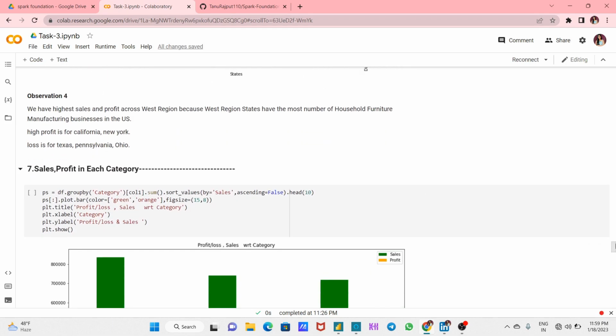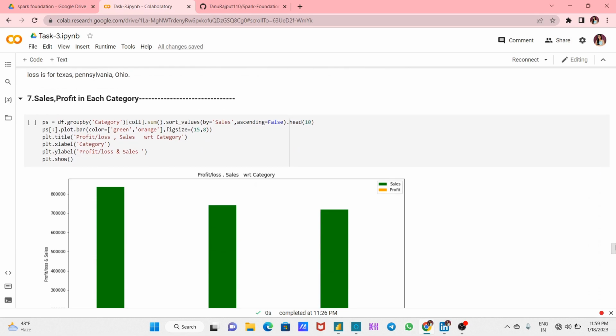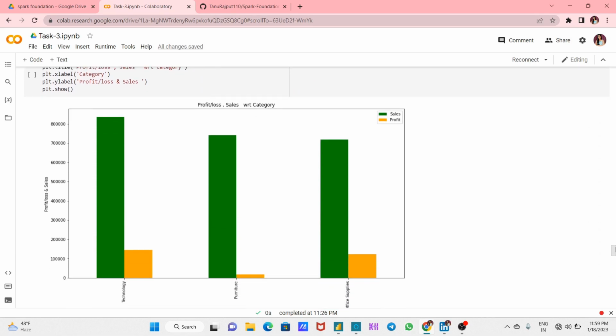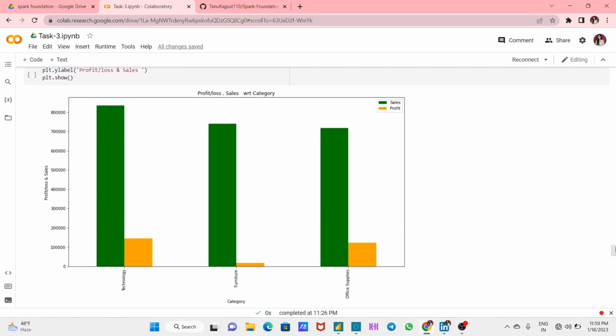So let's see sales, profit and loss for each category. Here we can see that sales and profit are higher for technology, and profit is also higher for office supplies. Furniture and office supplies have almost similar sales, but profit is higher in office supplies in comparison to furniture.